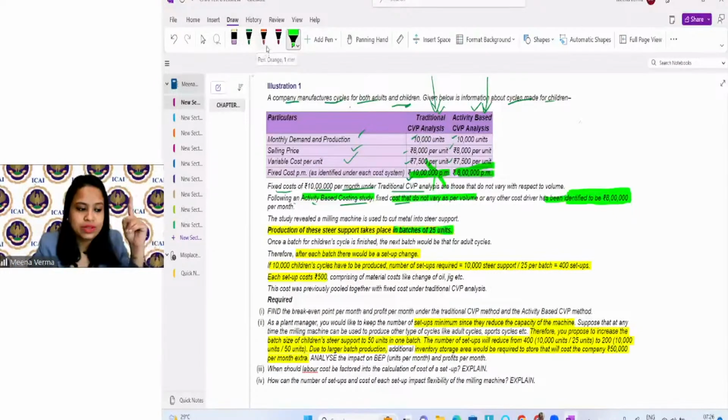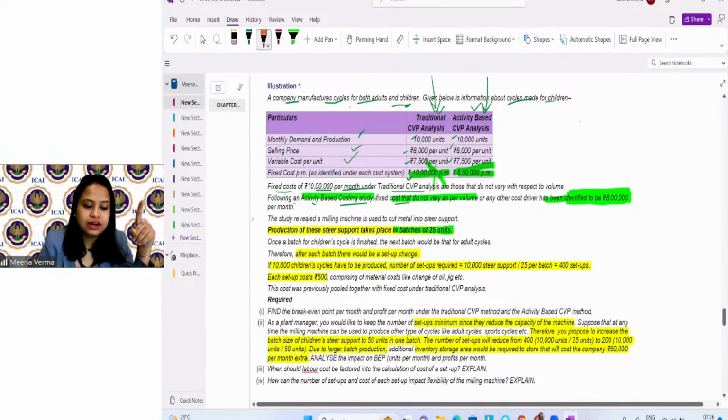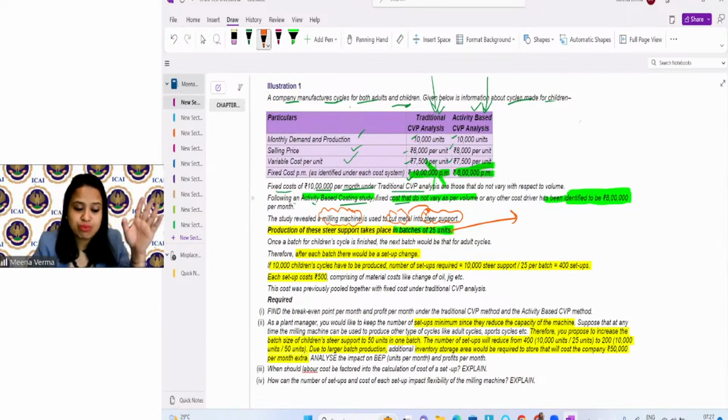The study reveals that a milling machine is used for cutting the metals and converting them into steel supports. This process takes place in batches, and in one batch there are 25 units.